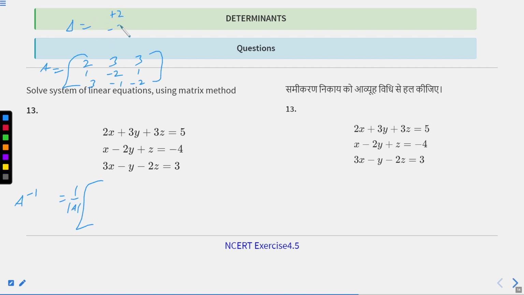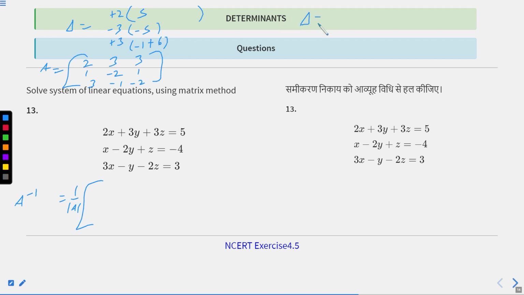So plus 2, minus 3, plus 3. For this you have 4 minus of minus 1, so it will be 5. For this, minus 2 is going to multiply with this minus 3, which means minus of 5. Now eliminate this. So minus 1 and minus of 6, so it will be plus 6.